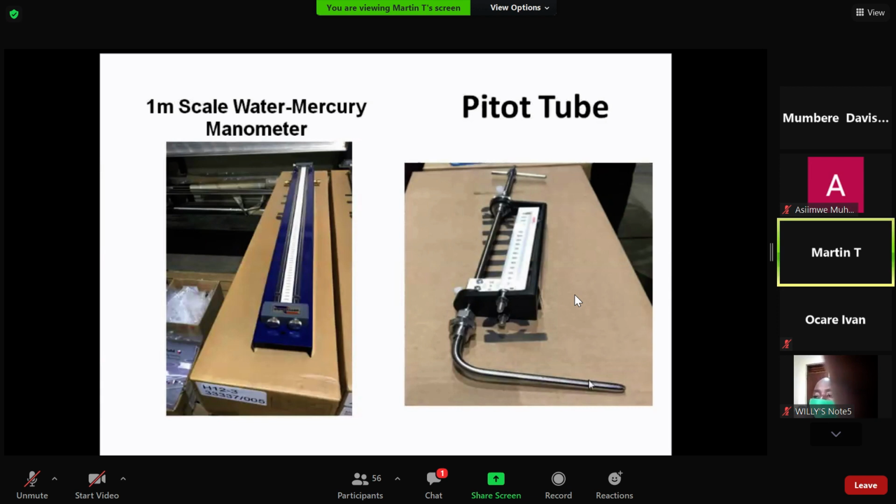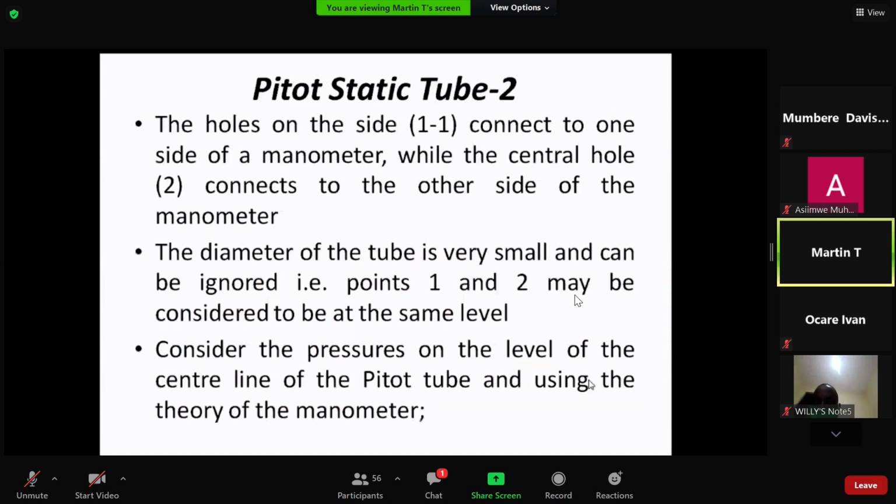Remember we are looking at a streamline with 2 points on the same streamline. So that's why we have to make an assumption that the diameter is small. Otherwise, the elevations of 1 and 2 are different if we consider the diameter. It's a simplifying assumption.